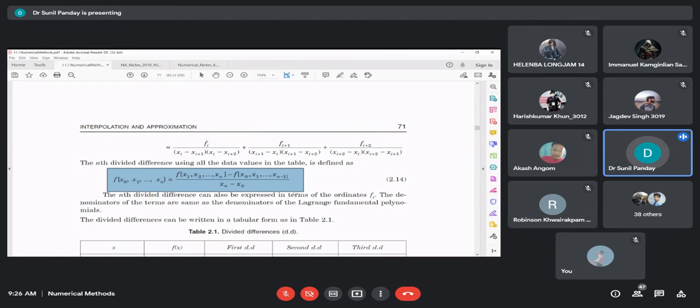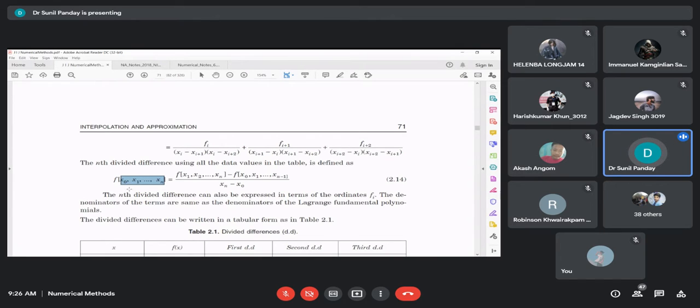And then you go in the recursive manner, like f of x naught, x1, ..., xn. Because here we are having n plus 1 arguments, it is the nth order divided difference.